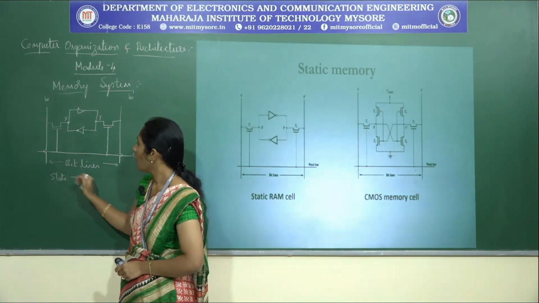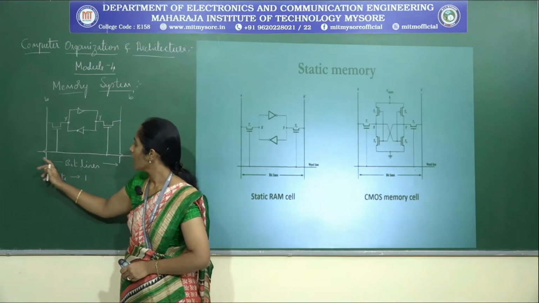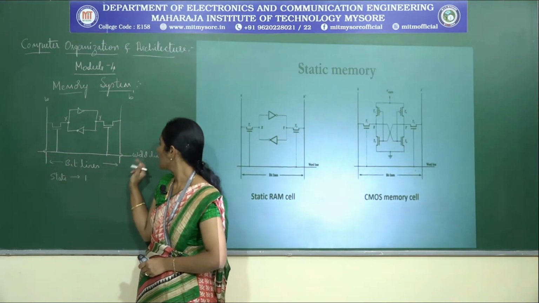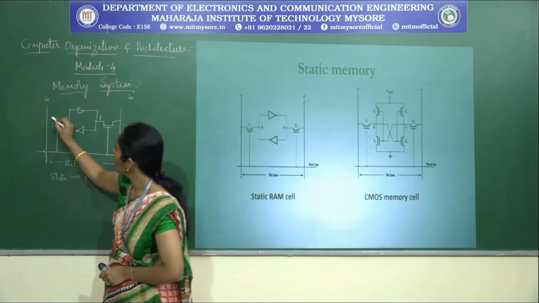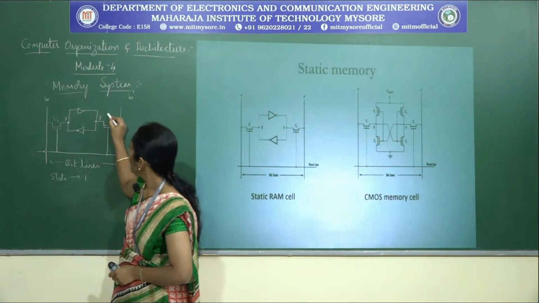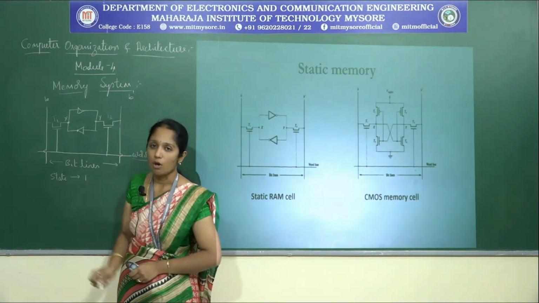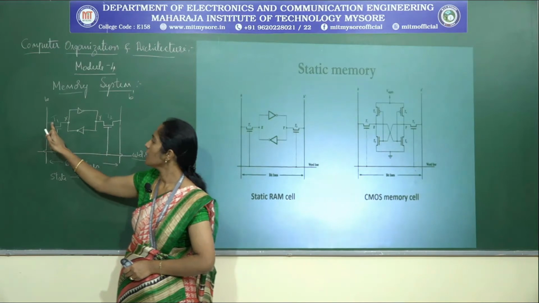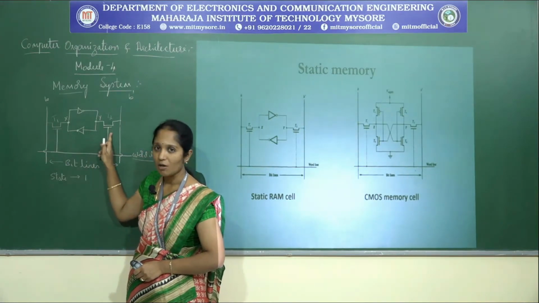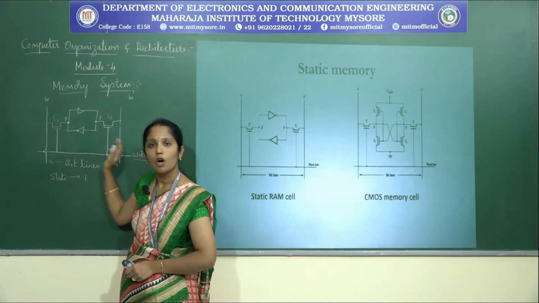Now what we are going to do is activate this line, that is the word line. Whenever we activate the word line, the transistors T1 and T2 will be turned on. See here, if this is high, then only the transistors T1 and T2 will be turned on, otherwise this will be in off state.